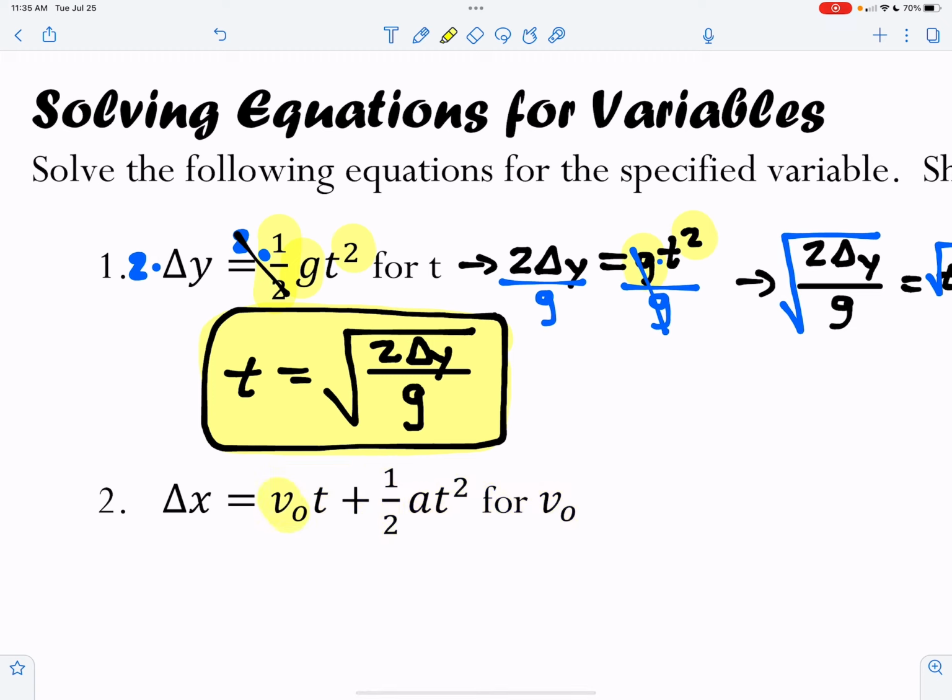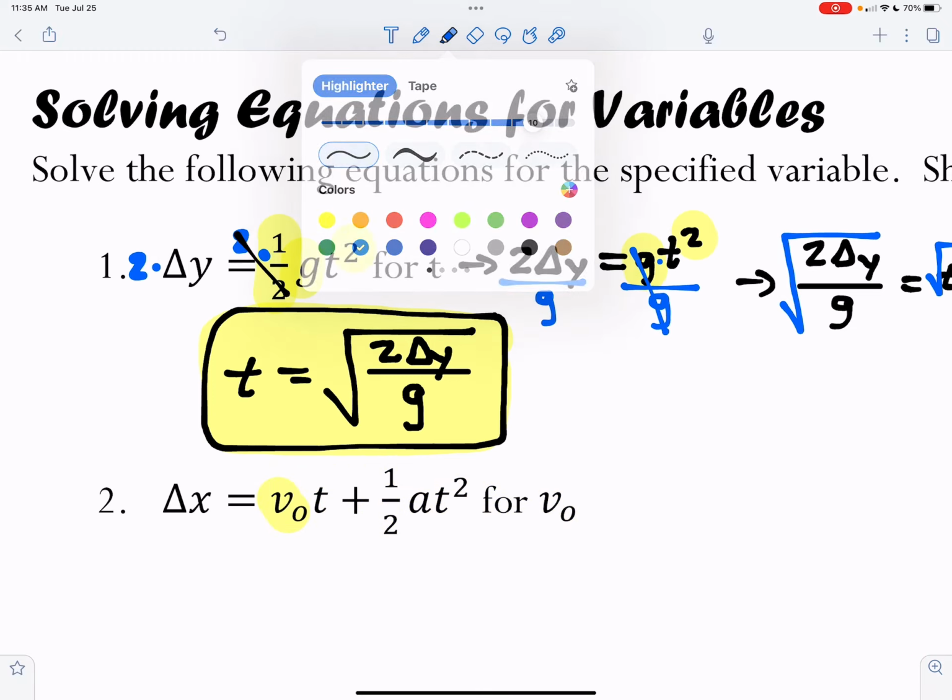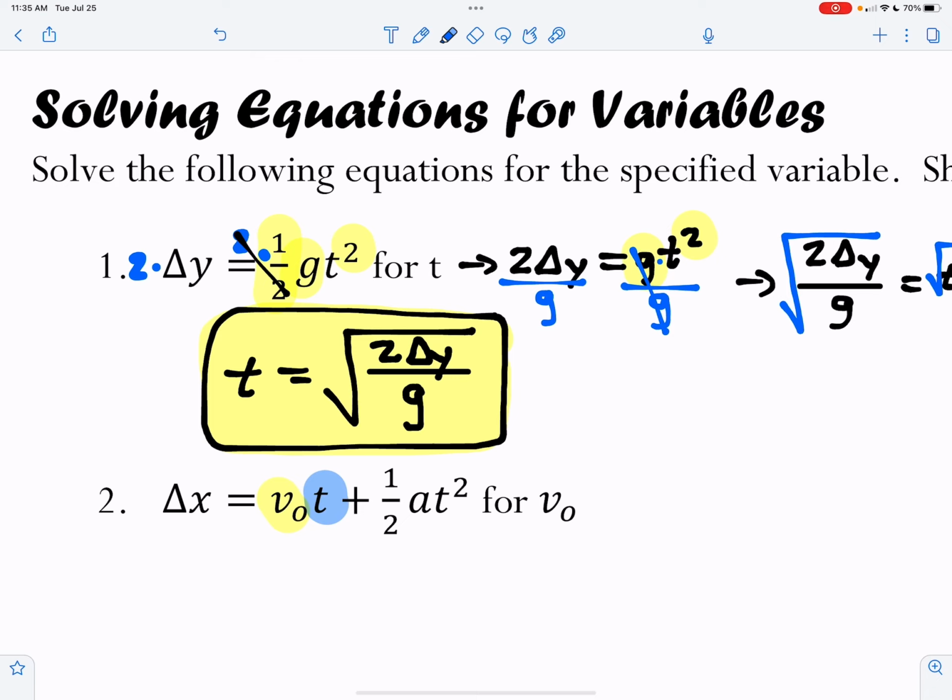Now, in order to solve for v naught, you have to get rid of the t and get rid of the whole 1/2 a t squared and bring all of that over to the left-hand side. So here's what I'm thinking. Get rid of the part that's being added or subtracted first. So I'm going to start by subtracting 1/2 a t squared from both sides of the equation.